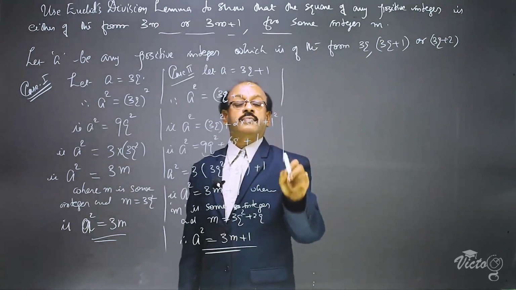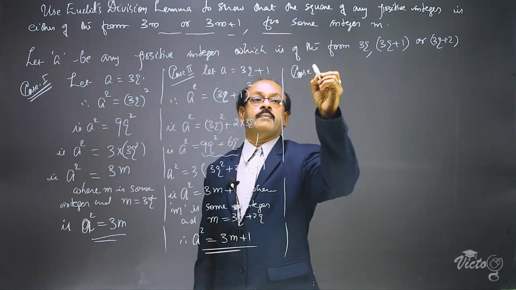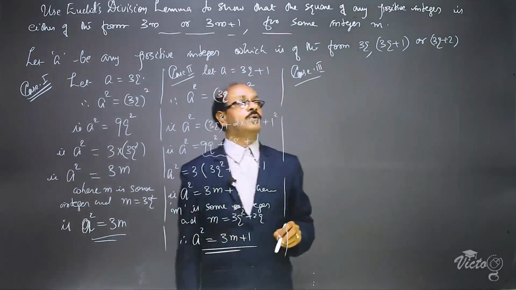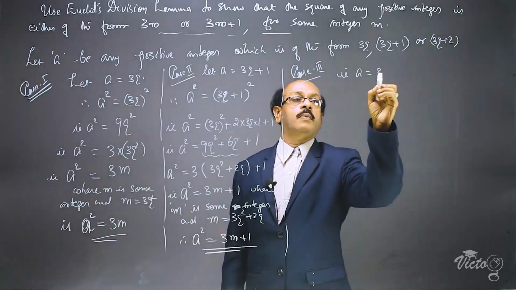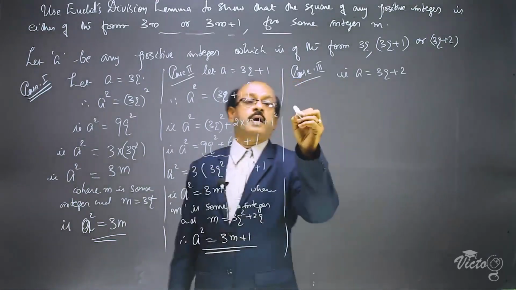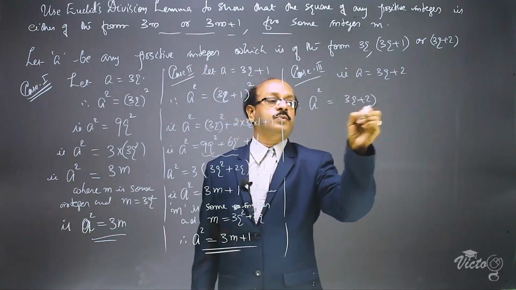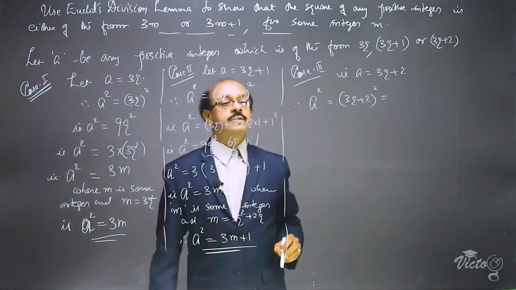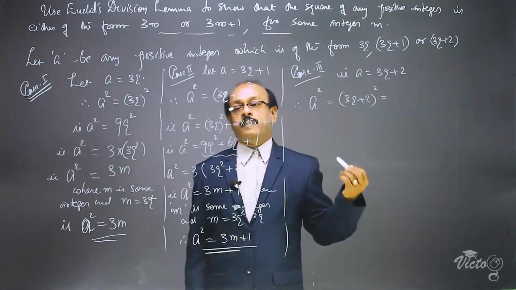Now, we are taking the third case, case 3. That is, a is equal to 3q plus 2. Therefore, a square is equal to 3q plus 2 the whole square, and here also we have to expand 3q plus 2 the whole square using the identity a plus b the whole square.